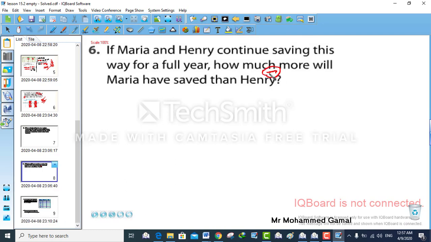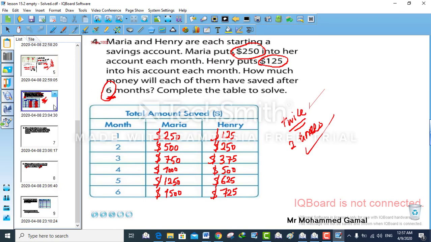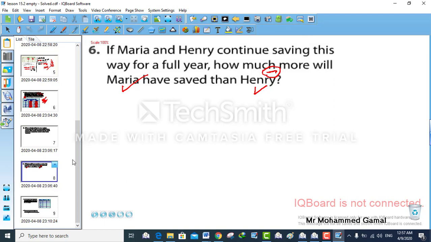So the starting money is 250 for Maria and 125 for Henry. The year is how many months? Year is 12 months.